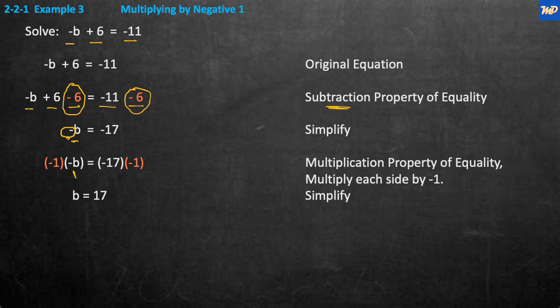We're going to multiply both sides by -1, so we multiply the negative b by -1 and the -17 by -1. -1 times -1 is 1, so here we have 1b, and I remove the 1. And the -17 times -1, a negative times a negative, is positive 17. So b is equal to 17.